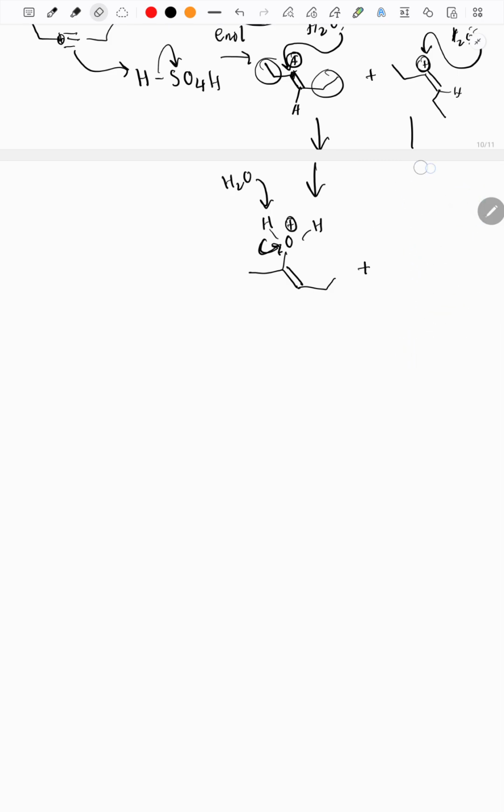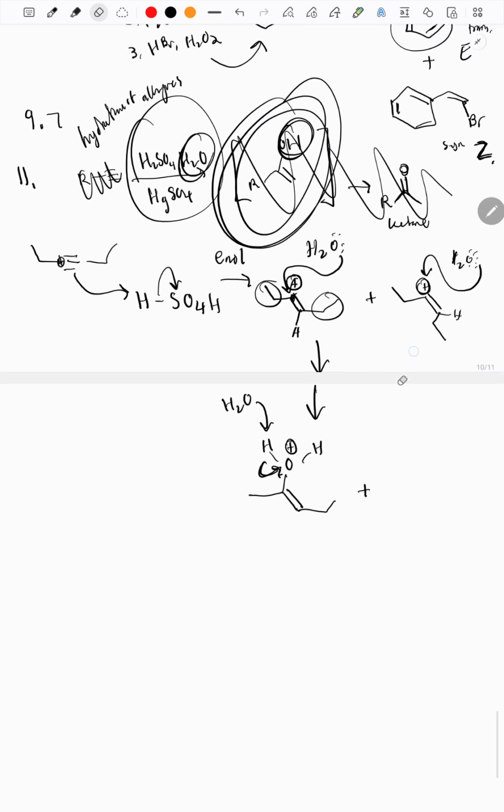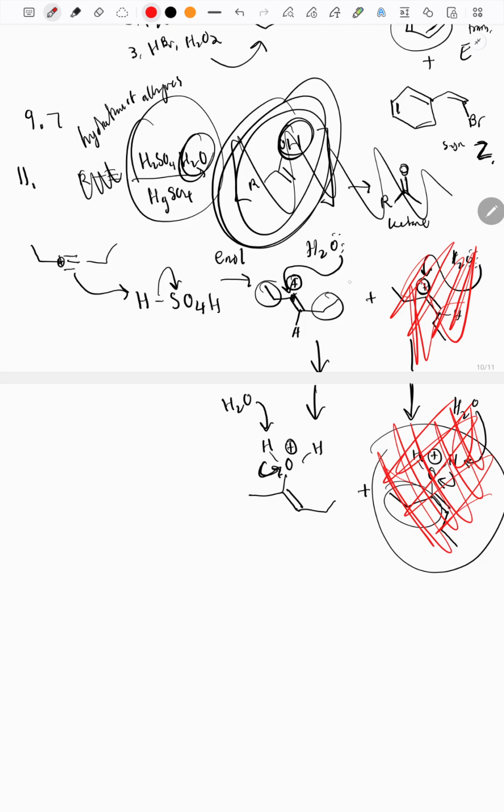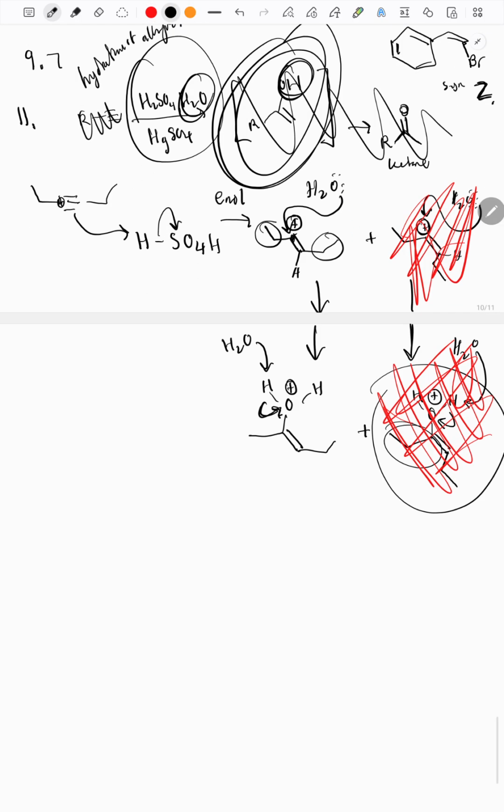This is not what happens here. It only applies to the trans. Actually it might be better if we just cross this out. We are only going to focus on the trans because trans is where it does all the fun stuff.